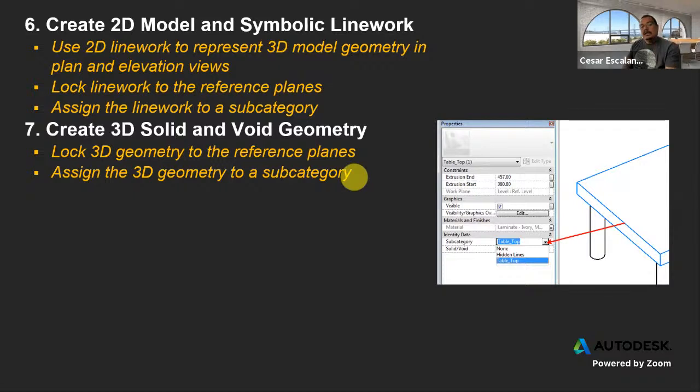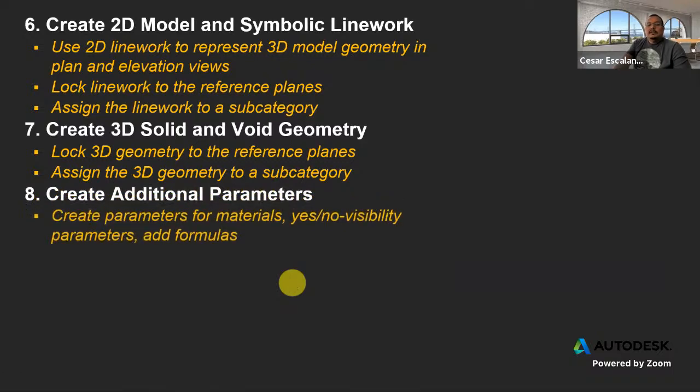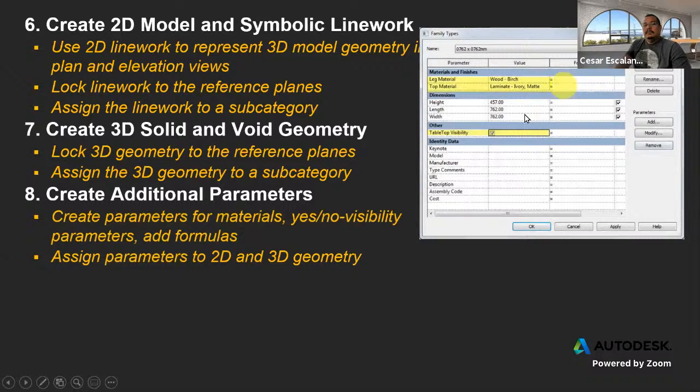We can assign geometry to different subcategories, so we control the visibility in the project. And we can create additional visibility parameters. For example, we can create materials associated with a specific part of the geometry. We can enable or disable visibility, with parameters or formulas.